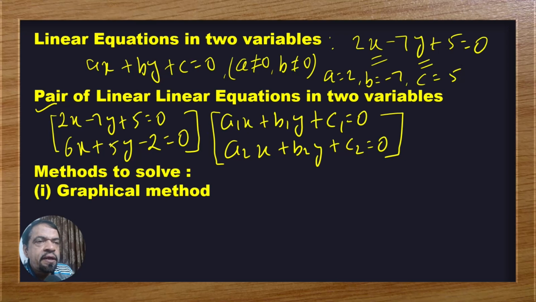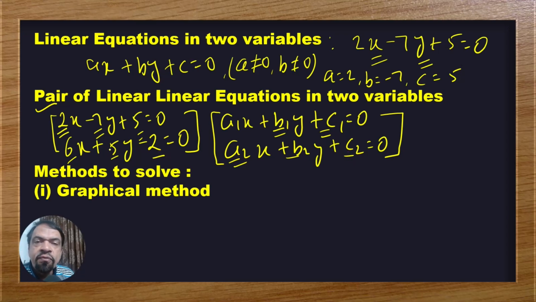So if we compare, this 2 is a1, b1 is minus 7, c1 is 5, a2 is 6, b2 is 5 and c2 is minus 2.